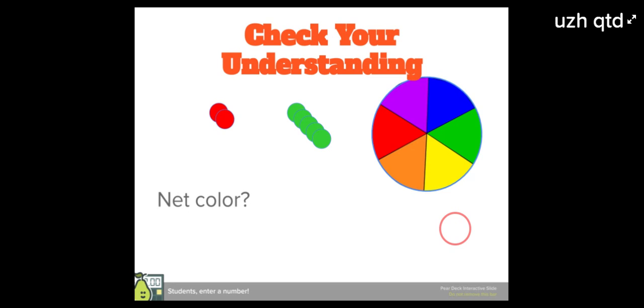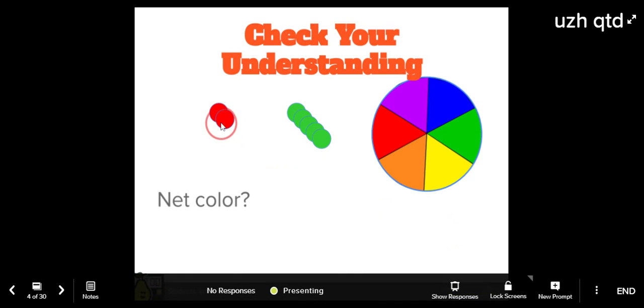Great. So what net color did you get? Yes, you should have gotten 3 green as the net color, because you have 2 reds but you have 5 green.